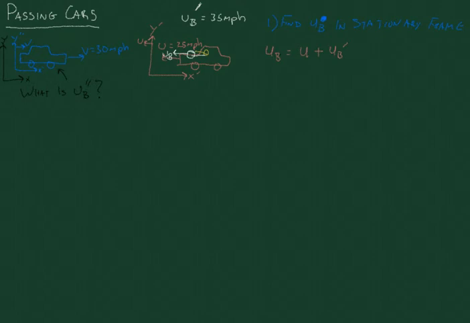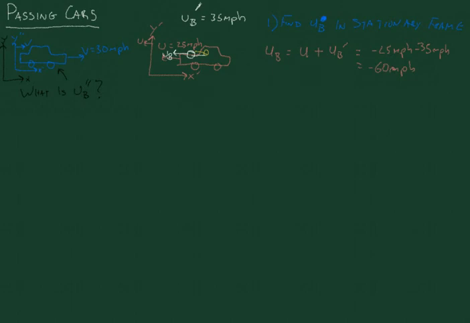So the velocity of the baseball in the rest frame is going to be the velocity of the car plus the velocity of the baseball, which in this case is going to be minus 25 miles per hour minus 35 miles per hour, or in other words, minus 60 miles per hour.